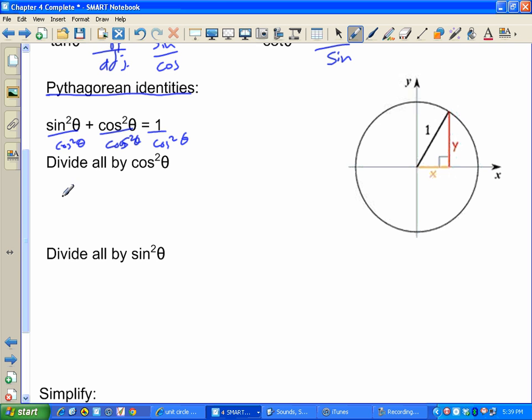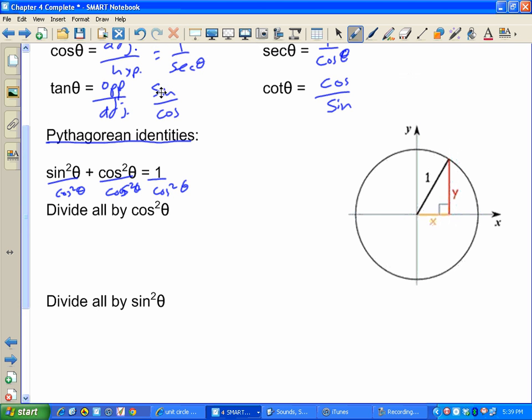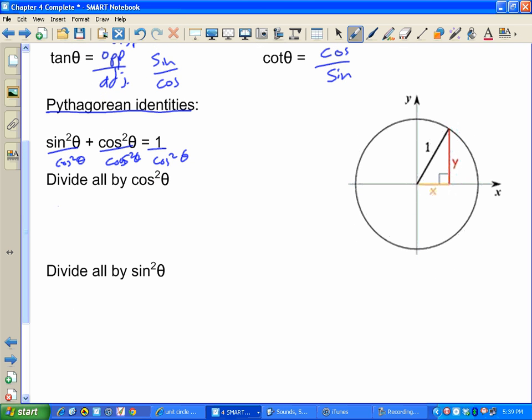So sine squared over cosine squared, sine over cosine is tangent, so sine squared over cosine squared is tangent squared. Cosine squared over cosine squared is 1. And 1 over cosine is secant, so 1 over cosine squared is secant squared. This is another Pythagorean identity.